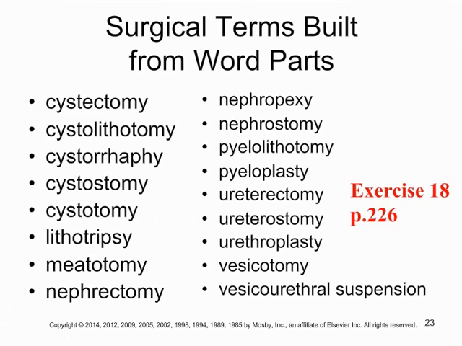Let's see. You can also have a pyelolithotomy if you need to remove a stone from the renal pelvis as well. We have the suffix stomy here, meaning an artificial opening or the creation of an artificial opening.